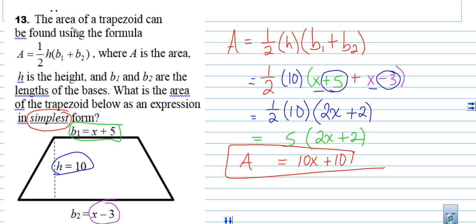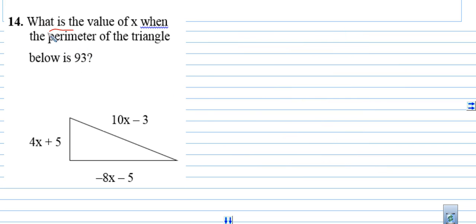It says, what is the value of x when the perimeter of the triangle below is 93? So it's saying perimeter, which most of us denote as P, is, which means equals, 93. So it's telling you P equals 93. Well, what else do we know? We know perimeter is when you add all sides.